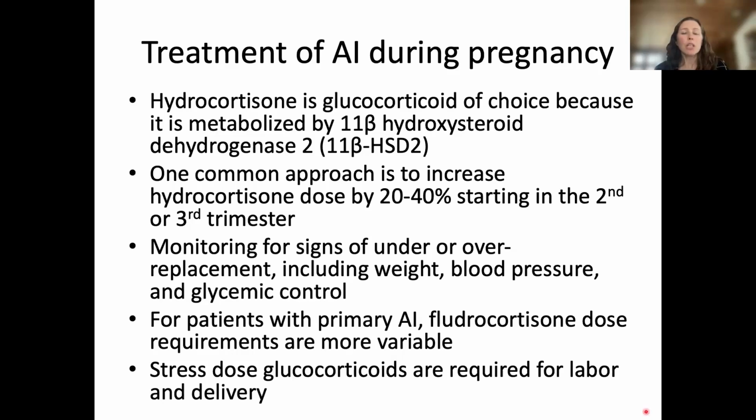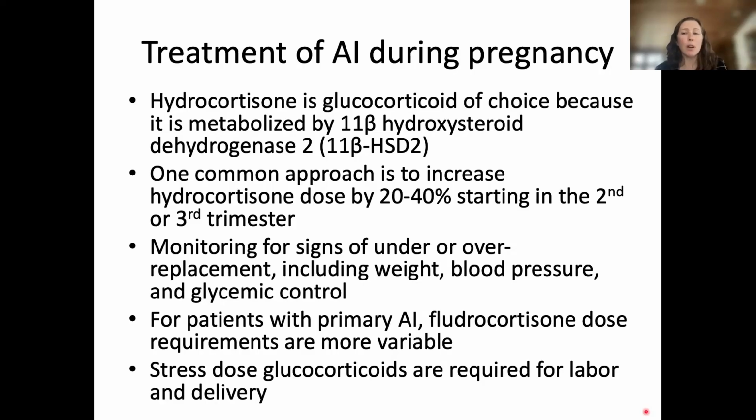Just as in non-pregnant patients, I'm following blood pressure and serum electrolytes to judge the fludrocortisone dose in addition to the presence or absence of edema. You can't follow plasma renin levels in pregnancy because pregnancy itself increases the renin concentrations.